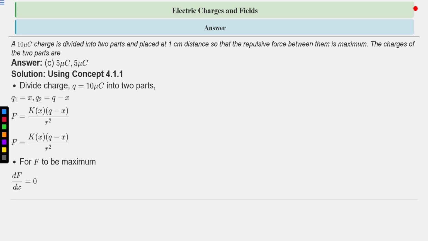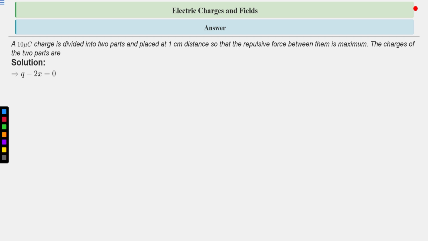That is the way to find how we will divide the two charges so that the force between them becomes maximum. After differentiating with respect to charge, we will get Q minus 2x equal to 0. So from here we get x is equal to Q by 2.